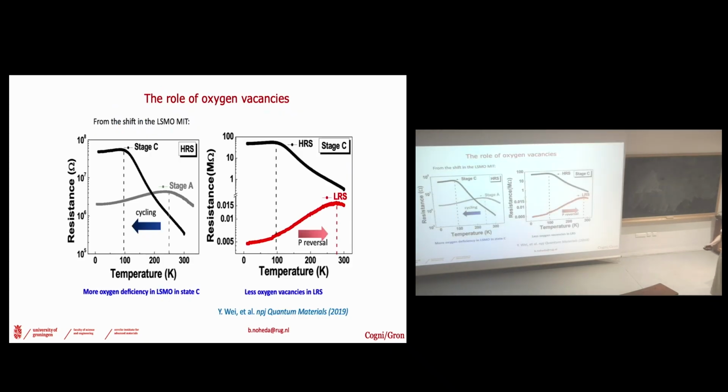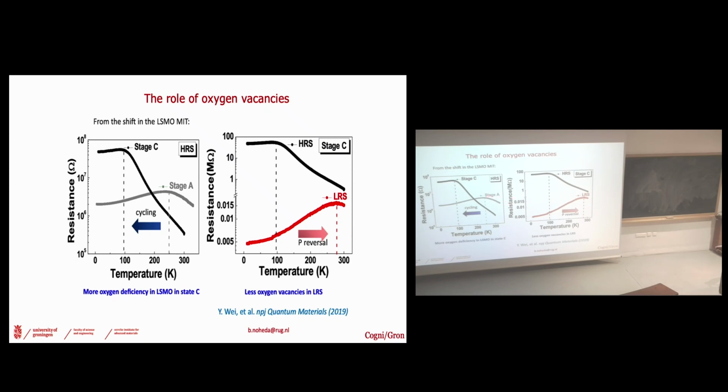What we saw in the TEM was actually consistent with resistance measurements we had done in the whole stack, which basically reflect what is happening at the LSMO. So if you are familiar with LSMO, the LSMO has a metal to insulator transition about room temperature, with this particular composition. But if you have oxygen vacancies, it's well known that the transition temperature shifts to low temperatures.